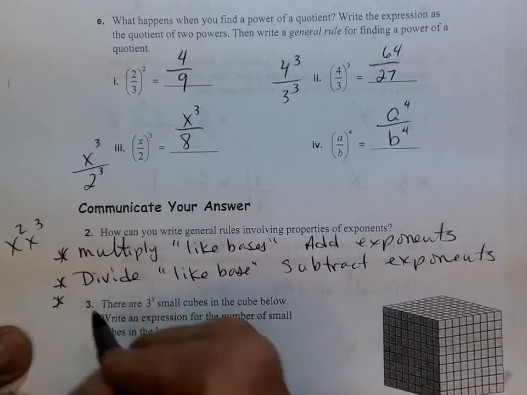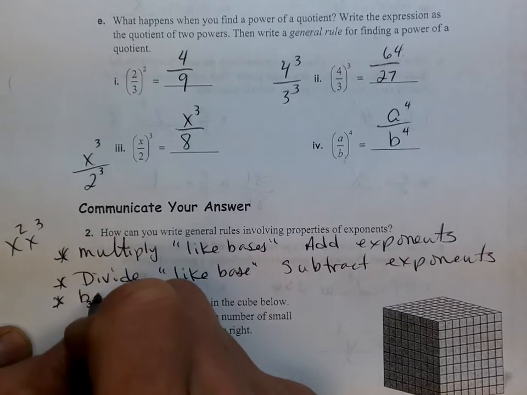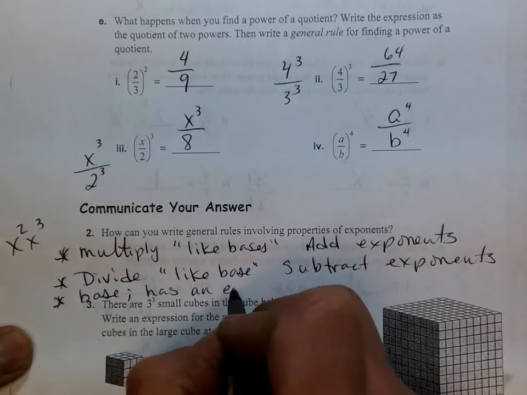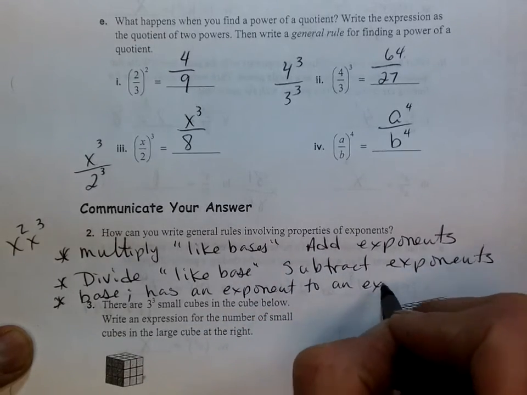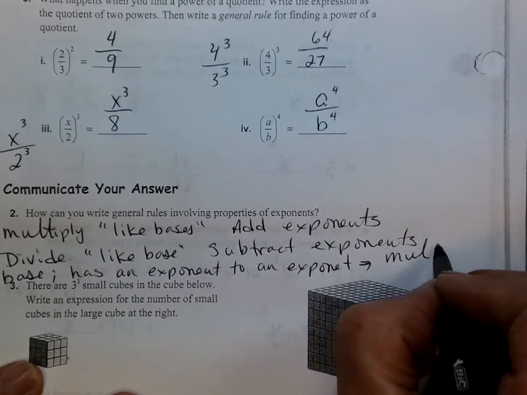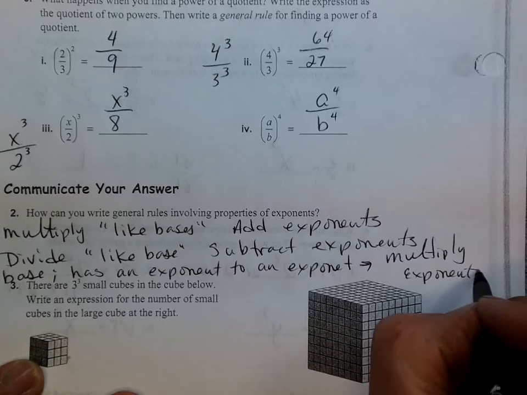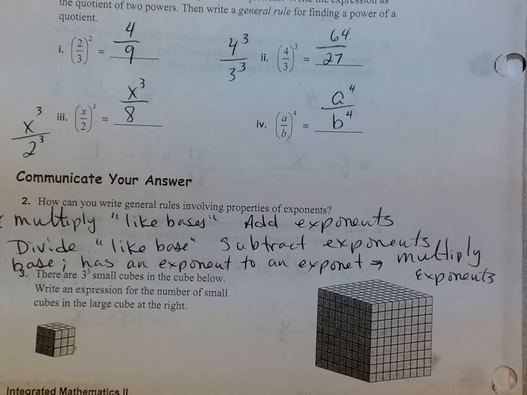Finally, if we have a base that has an exponent to an exponent, let's multiply exponents. Okay, those would be my rules. We got 3 rules, right? We add exponents when we multiply like bases. We subtract exponents when we divide same bases. And we multiply when we have an exponent to an exponent, okay?